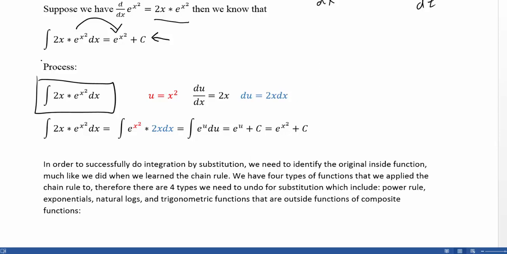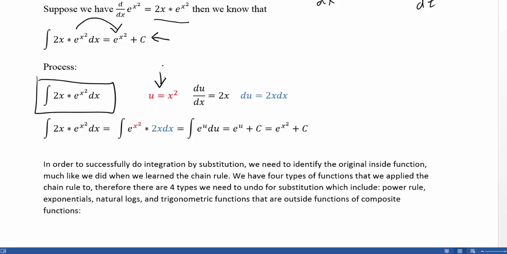So now, what does the process look like? Well, for substitution, if our e is our main function, if you have e to something complicated, then you're going to let u equal the power of e. So here, my e was raised to the x squared, so my u is going to be x squared.